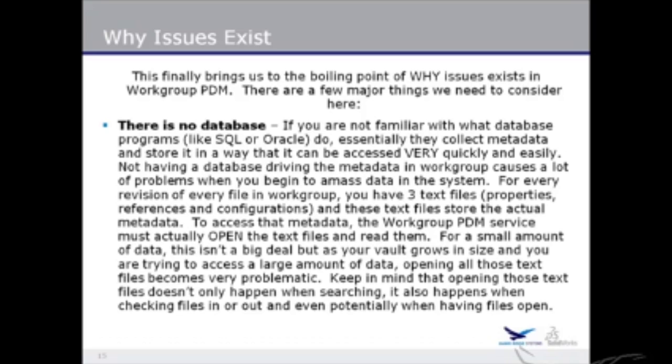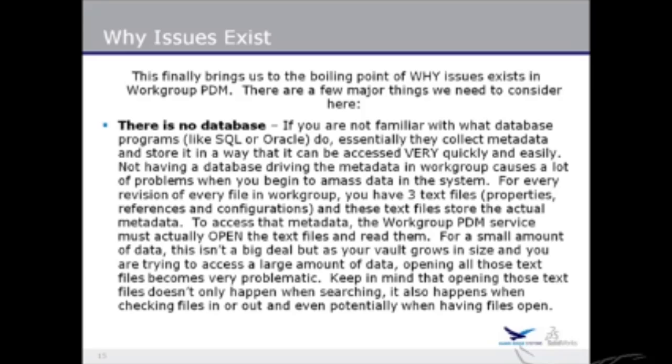So the way that Workgroup collects metadata is through a series of text files instead of through database tables. This really hampers the speed and the efficiency of accessing that metadata, because instead of being able to query a database table, which is specifically designed to store metadata, the service actually has to open the text file, load it into RAM, and read it. This takes significantly longer than it would have to just query a database table. And so imagine, if you would for a second, opening multiple text files.